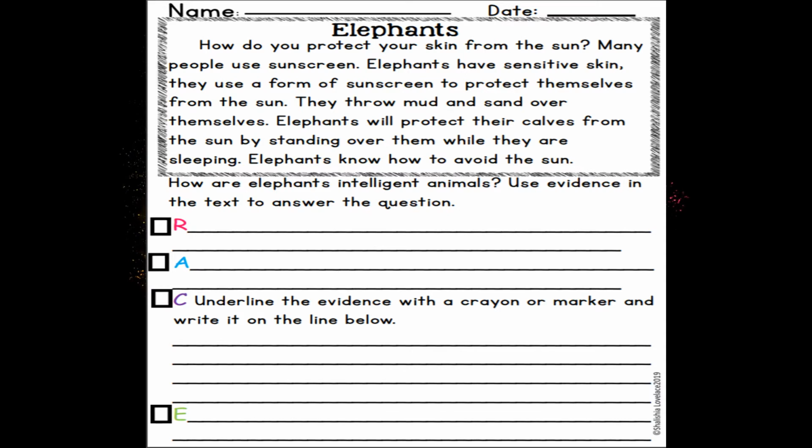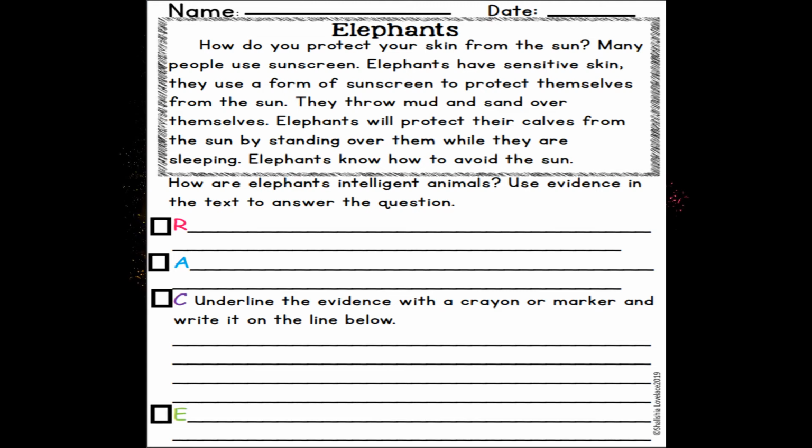Now we're going to practice using the RACE strategy with a passage. The title of this passage or text is called Elephants. How do you protect your skin from the sun? Many people use sunscreen. Elephants have sensitive skin. They use a form of sunscreen to protect themselves from the sun. They throw mud and sand all over themselves.